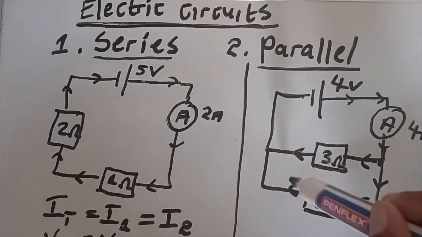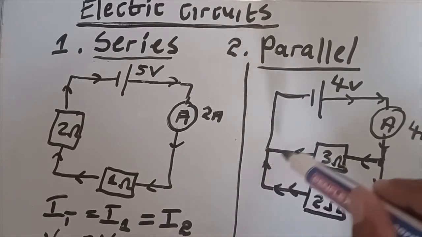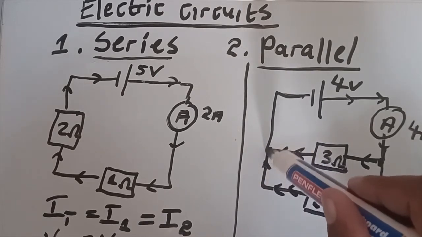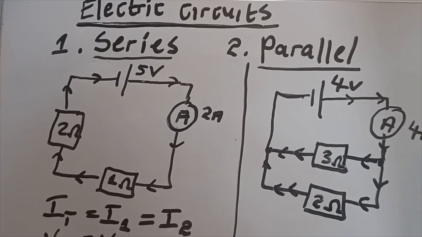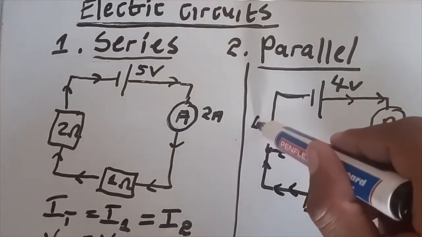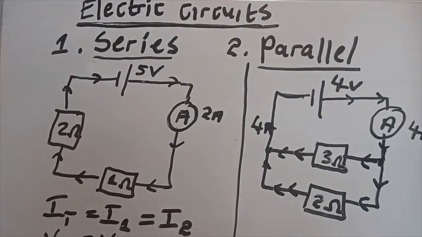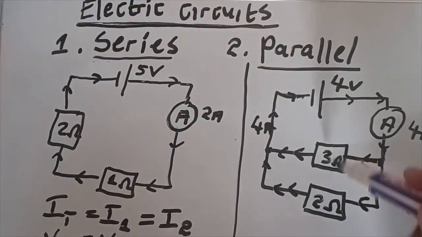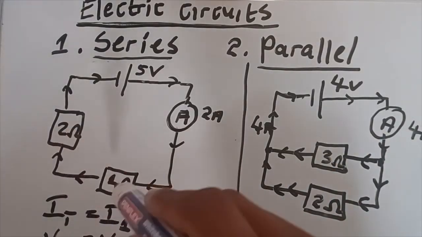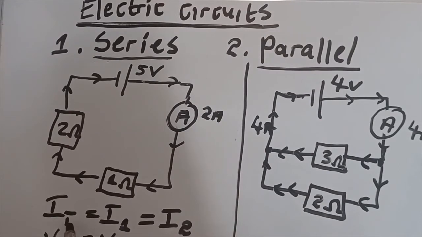Okay, then we see our current coming, and then it's going to meet here. When it meets here, the current returns back to 4 amperes, and then flows back to the battery. So the current is shared, not equal in these resistors, like in our series circuit where we saw the total current equals the current of resistor 1 plus the current of resistor 2.